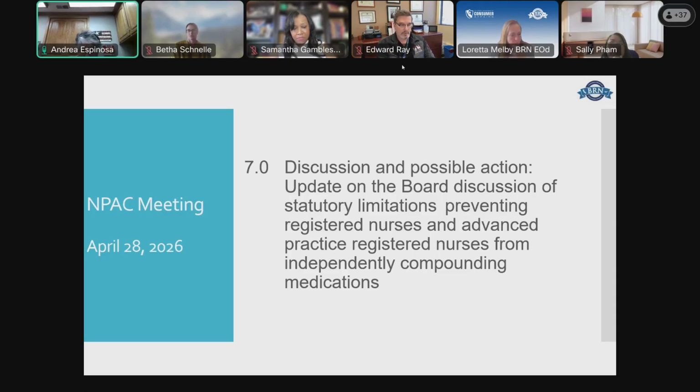And so it says, if we go beyond that, we're going beyond our scope of practice. But it's the medical board that put those limitations on compounding. So we're not allowed to compound in general, very, very, very narrow.